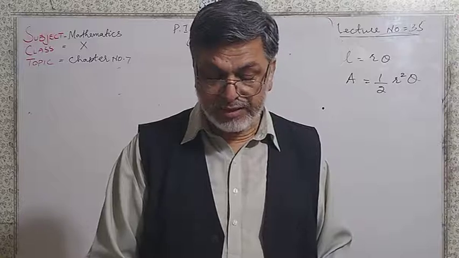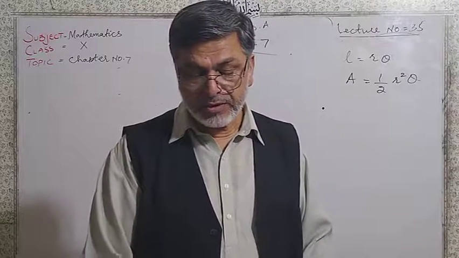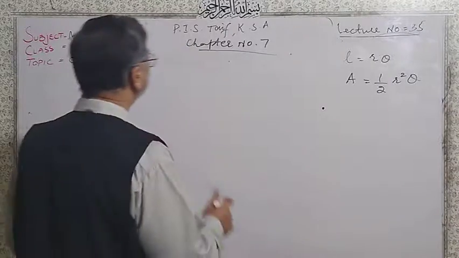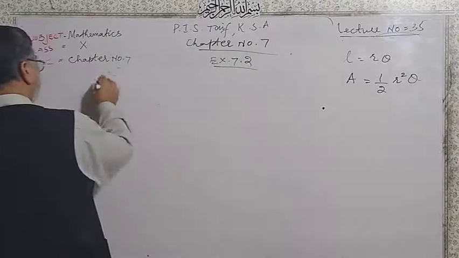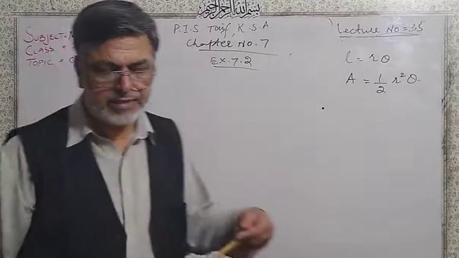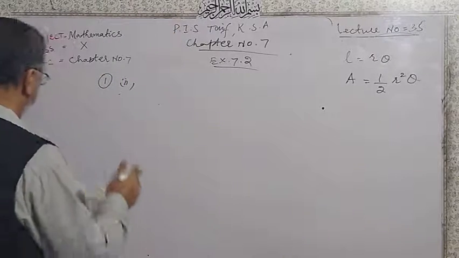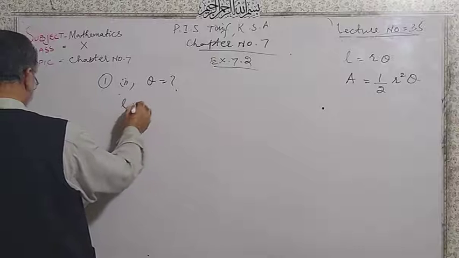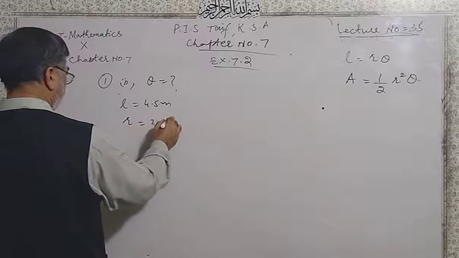The questions are given. Exercise 7.2, question number 1, part 2. We have to find theta if L is equal to 4.5 meter and R is equal to 2.5 meter.